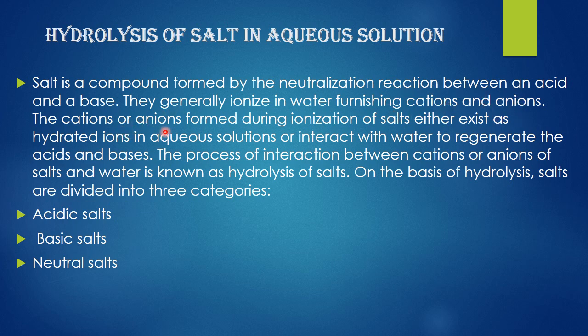These cations or anions formed during ionization of the salt either exist as hydrated ions or interact with water to regenerate the acid and the base from which that particular salt was formed. This process of interaction between the cation or anion of the salt and water is known as hydrolysis of salt. On the basis of this hydrolysis, salts are divided into three categories: acidic salt, basic salt, and neutral salt.